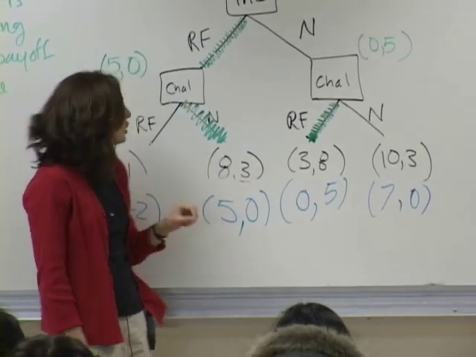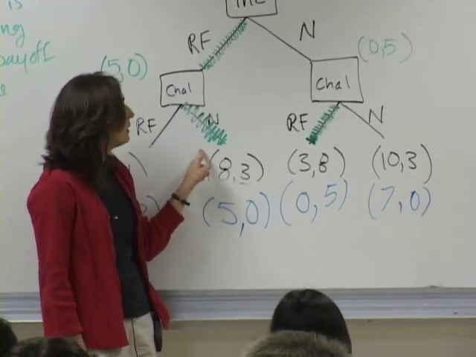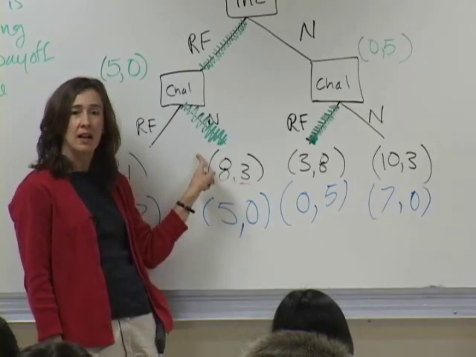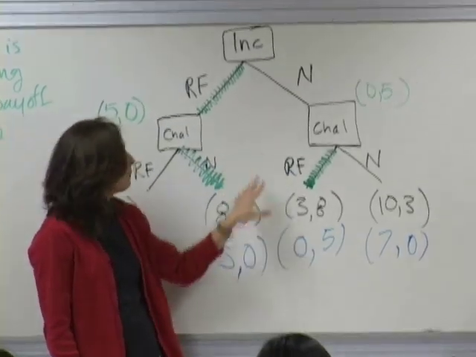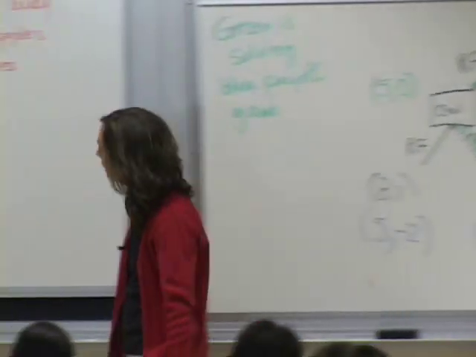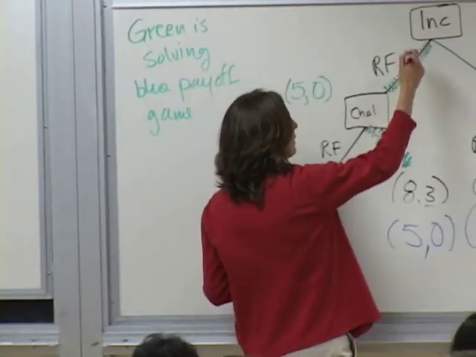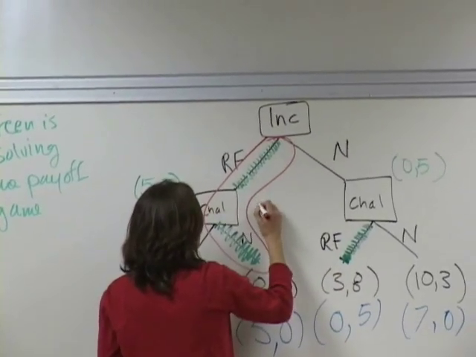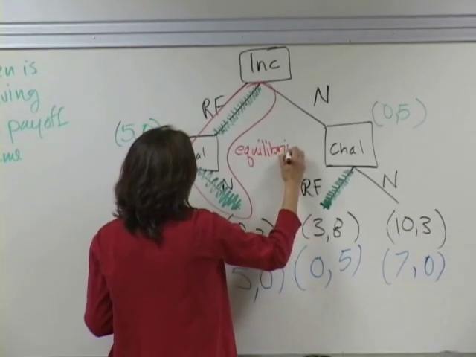And given that the challenger's decision is to raise funds if the incumbent doesn't, and not raise funds if she does, there's nothing the incumbent can do that would bring about a better outcome. Okay? The idea of equilibrium brings with it an idea of what we'll call the equilibrium path.